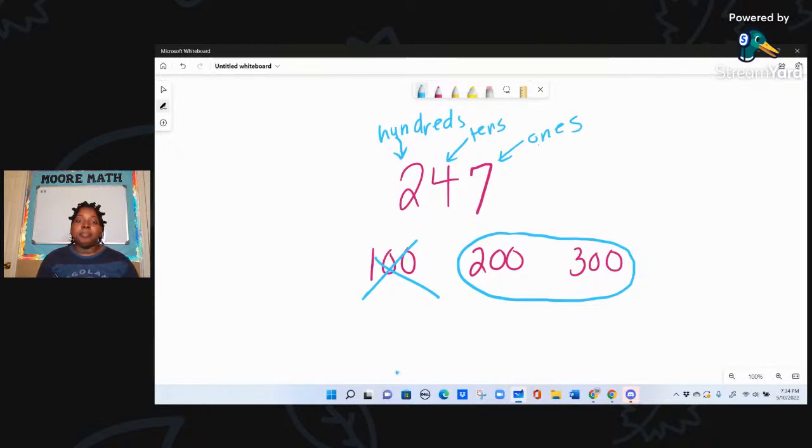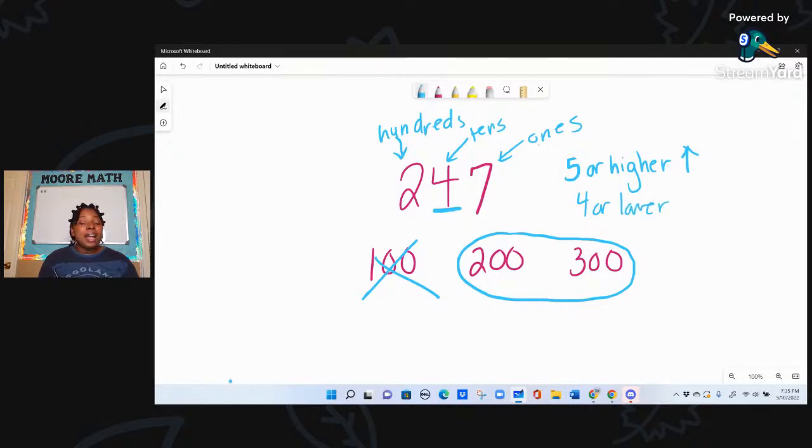That's what we're deciding. So they came up with a rule: go to the place value to the right. If this number is 5 or higher, we are going to round up to 300. If it's 4 or lower, we're going to stay the same.